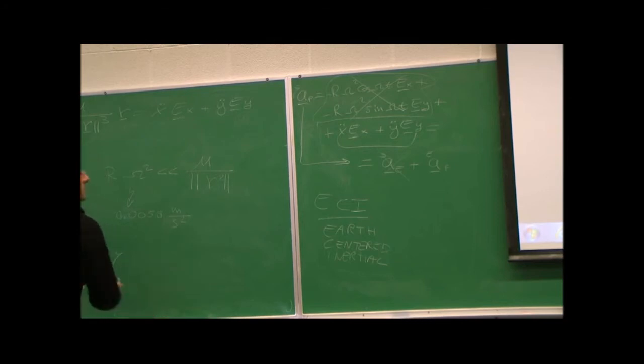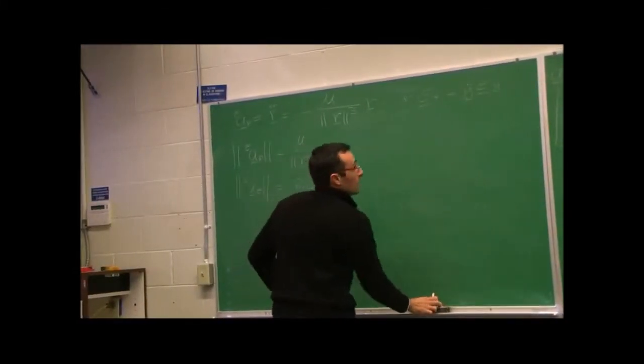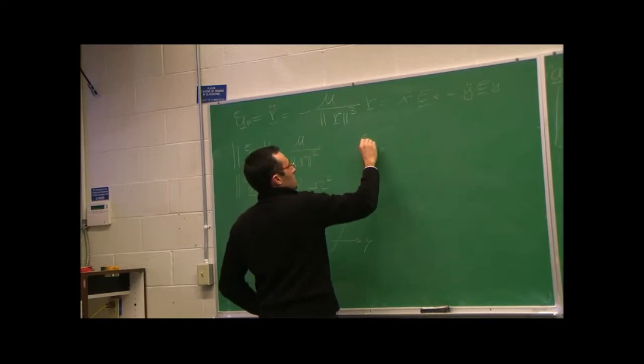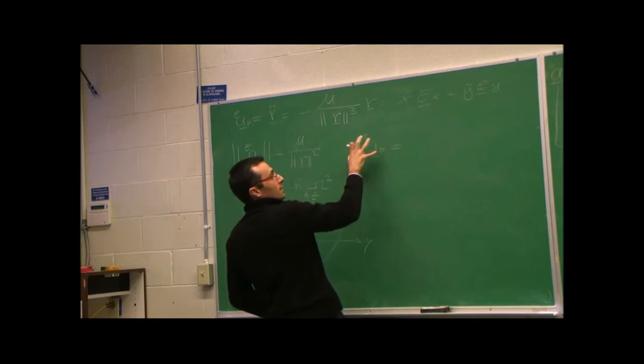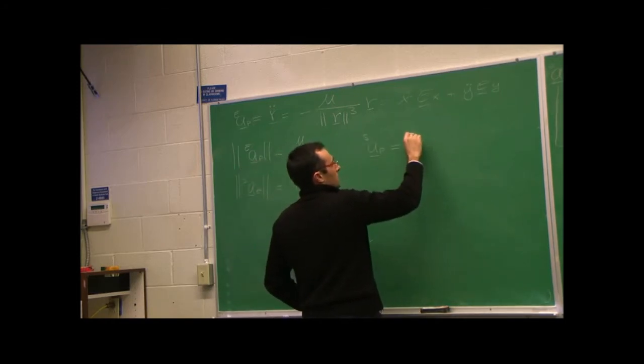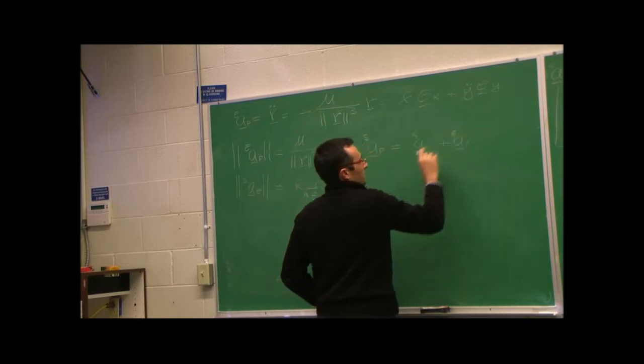So I think it's better if I just rewrite it here. I would like to see this. Acceleration of P, remember, is the satellite, with respect to the sun, is the inertial acceleration of the satellite. And then this is the acceleration of the Earth seen by the sun. And then I have the acceleration of the satellite seen by the Earth, right?